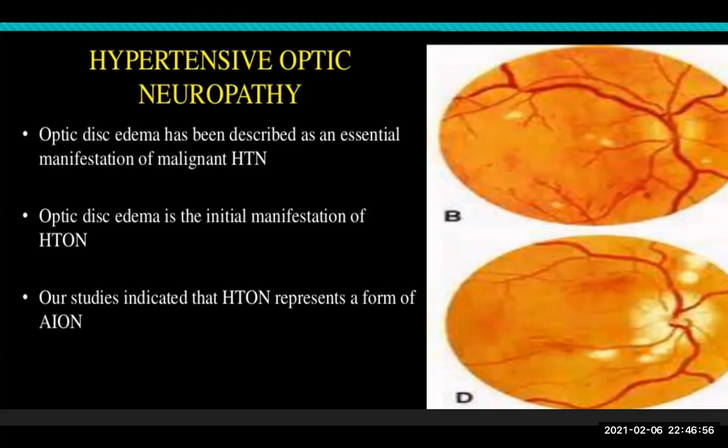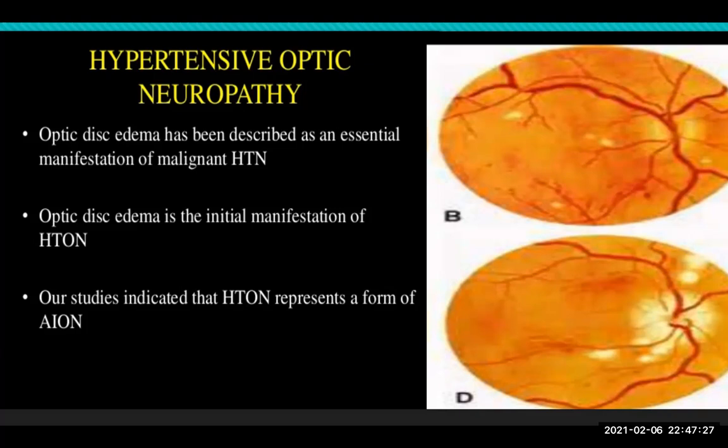Optic disc edema is an initial manifestation of malignant hypertension, a sudden, very marked rise in the blood pressure.